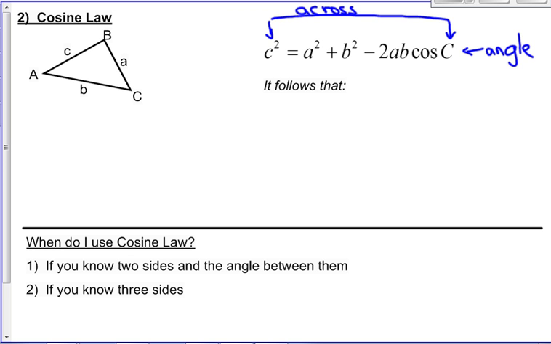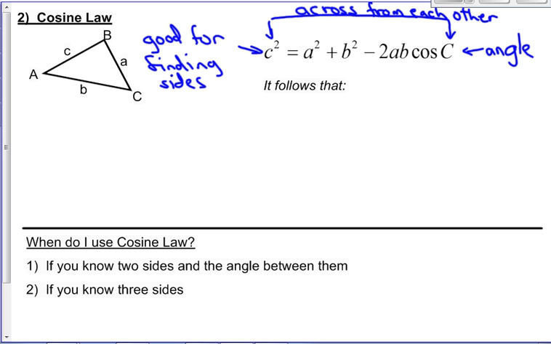This is the side c, and the big one is the angle c. So across from each other. That's a really good form of the cosine law for finding sides.